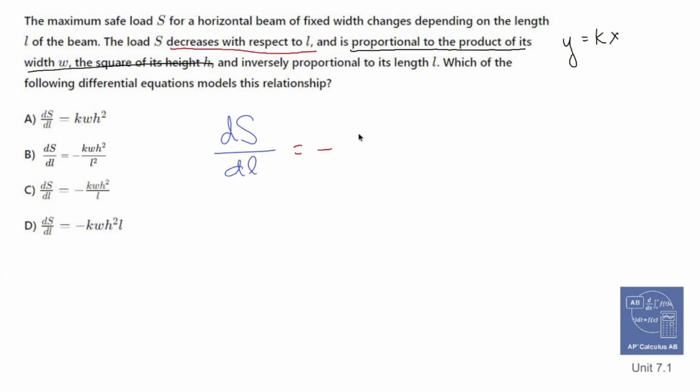So we're going to have a k, a w, and its height squared. Now, if it's inversely proportional, you're going to divide that, so it's inversely proportional to its length L. So when we have all of this stuff together, looks like C is going to be my answer. Kind of a grody looking problem, not so much fun, but that's how you do it.